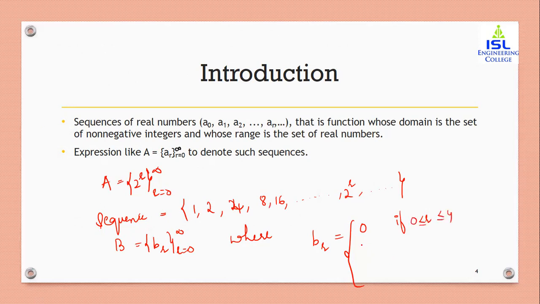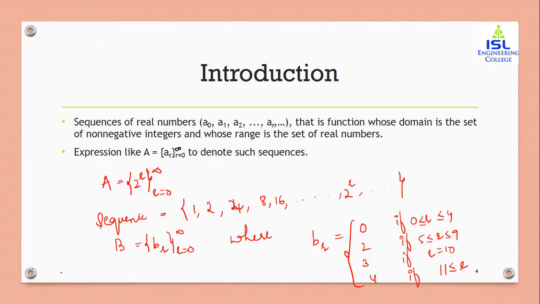Next, 2 if r lies between 5 and 9, including 5 and 9. 3 if r is equal to 10. 4 if r is greater than 11. So now what will be this br sequence?